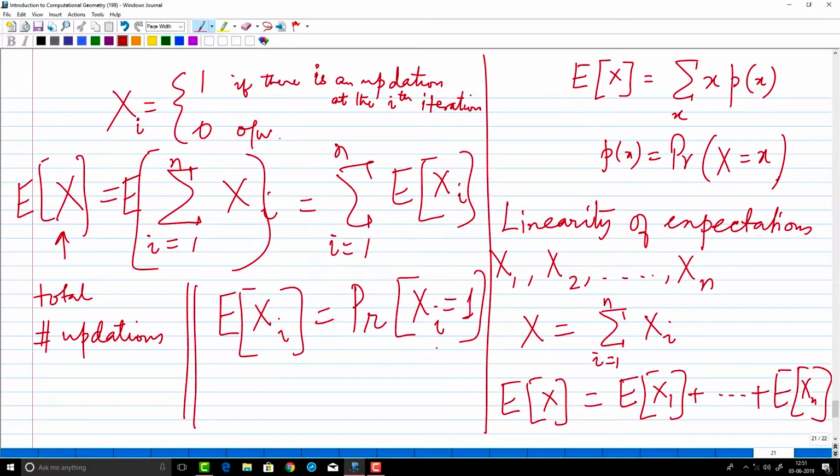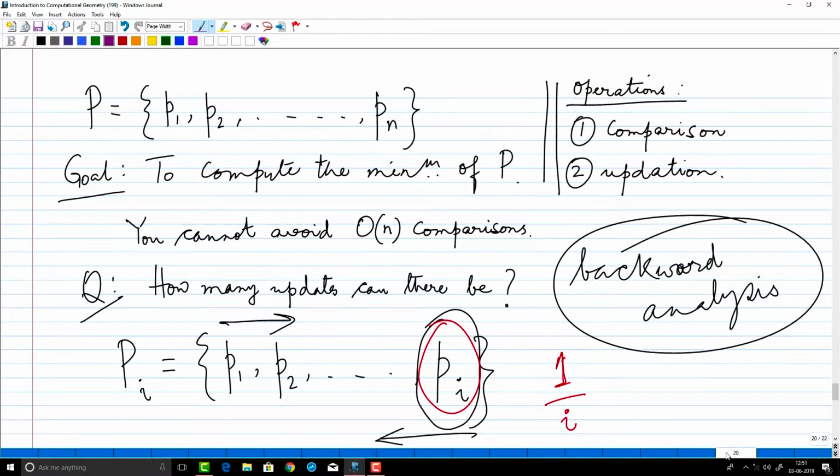So, the idea for these sorts of situations in probability is, if you can break down your complex problem into smaller binary indicator variables and figure these out, you can compute the total expectation, right. And mind you, this is precisely what we did in this case. This was actually our probability of X_i equals 1 that we computed. So, what is our final result?